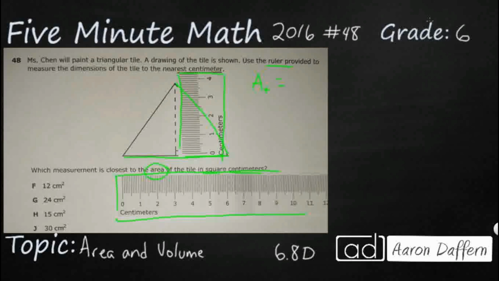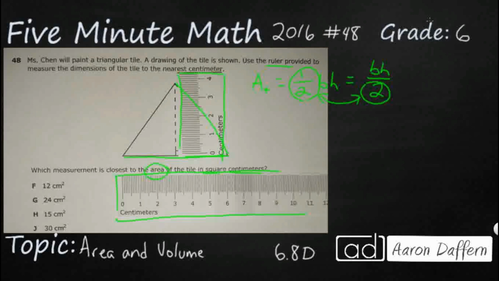So the area of a triangle can be written two different ways: 1/2 base times height, or you can do base times height divided by 2. Those are the exact same things. Remember, in 6th grade we learned that multiplying by 1/2 and dividing by 2, that's the same thing.